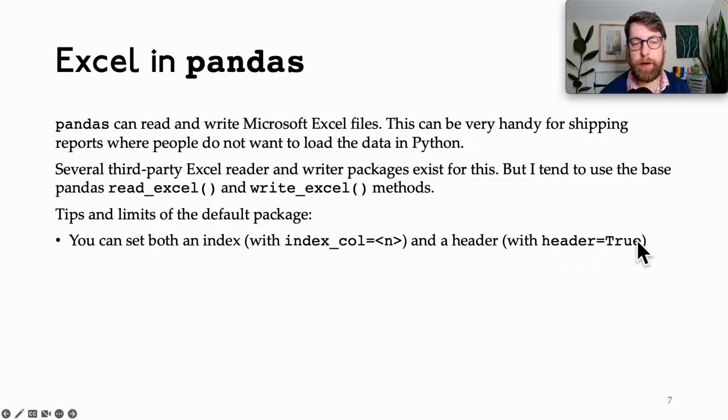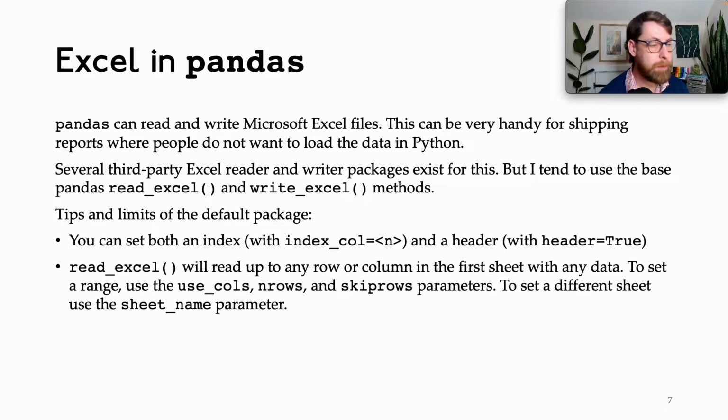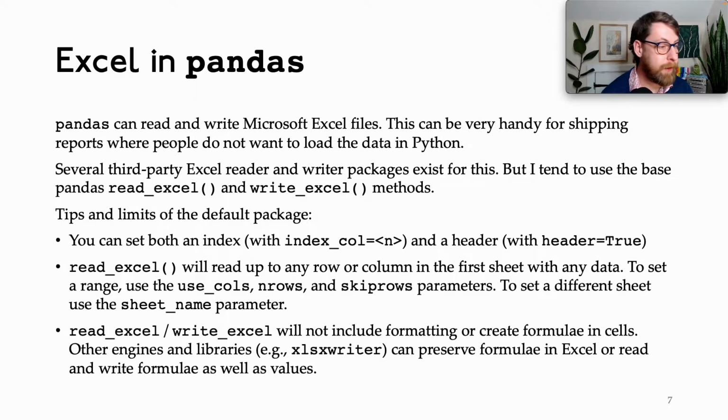You'll notice header equals true is the default, so it will infer that there's a header at the top. read_excel can read up to any row or column in the first sheet, or by default it'll just try to find all of it in the first sheet. But you can set which columns you want to read, or which rows you want to skip, and so forth. And so you can be quite nuanced with what you do in terms of parsing in Excel.